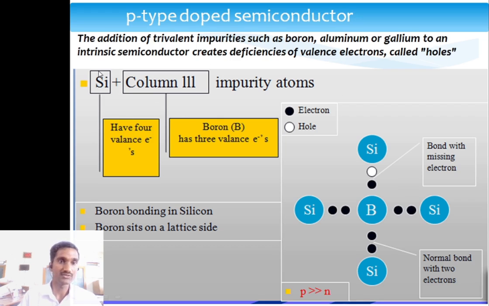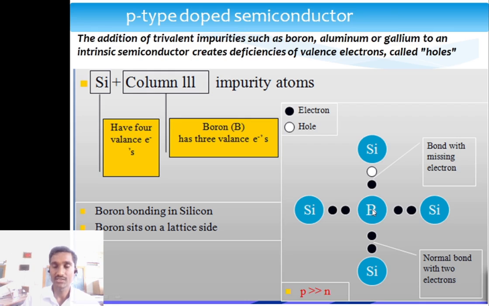Here is silicon in pure form, which has 4 valence electrons, or last orbit electrons. If we add third-column impurities like boron, aluminum or gallium, here we add boron, and boron has 3 electrons in the last orbit.